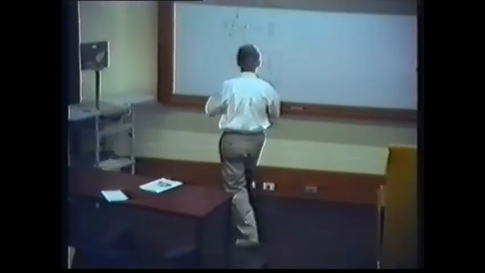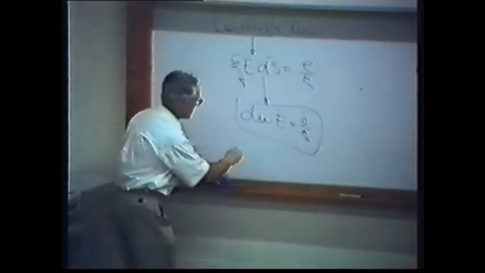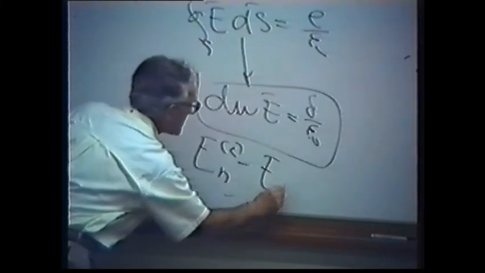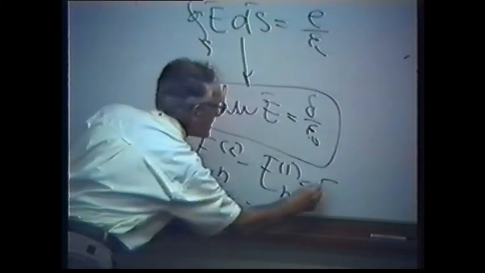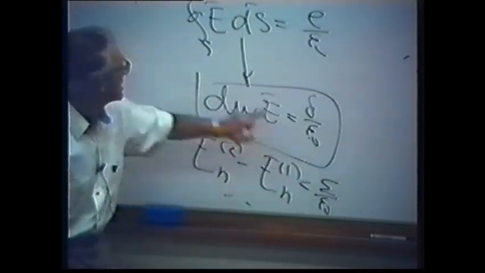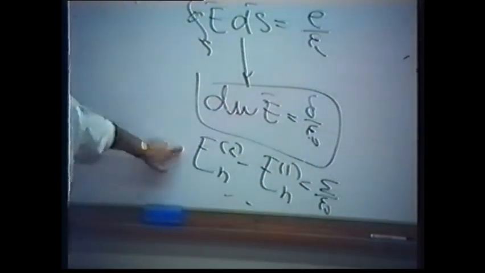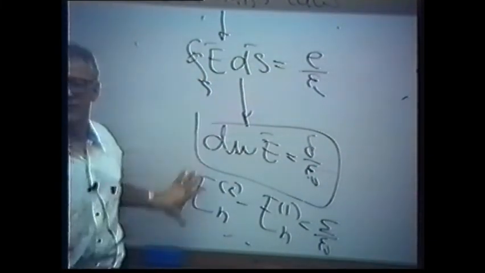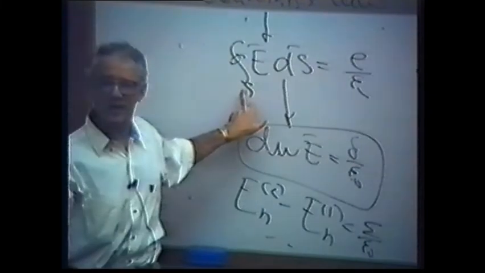So the third form of this equation is that the difference of the normal components is equal, as I wrote you at the beginning, to the density of charge divided by some constant. Three forms of the same fact.